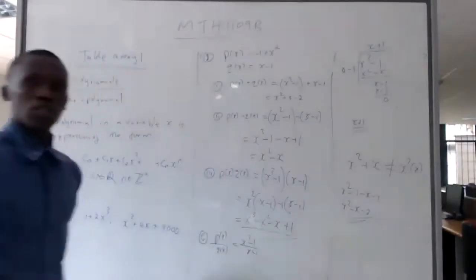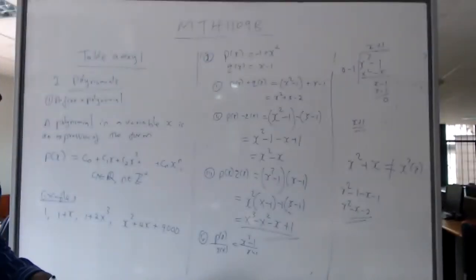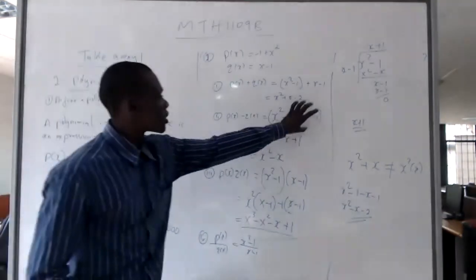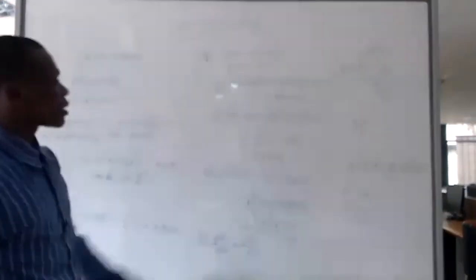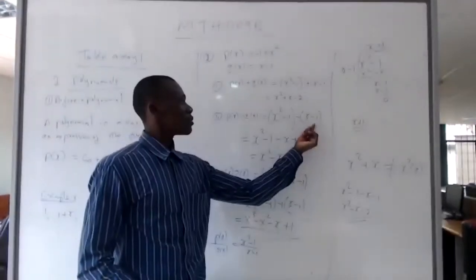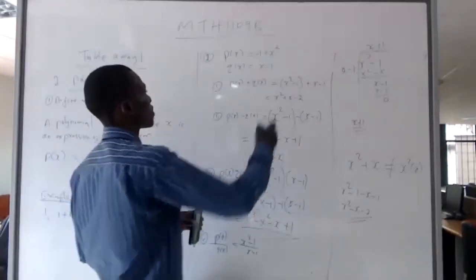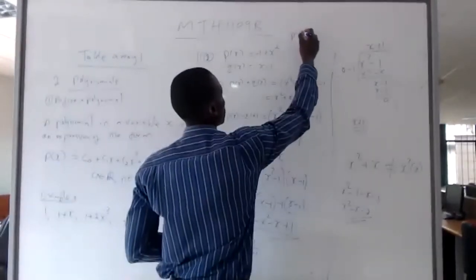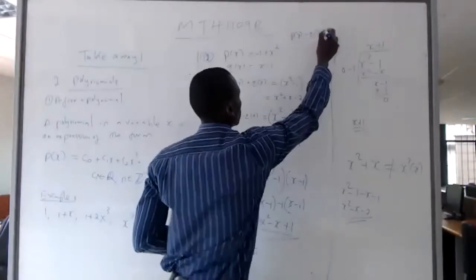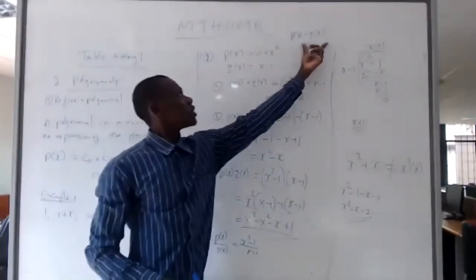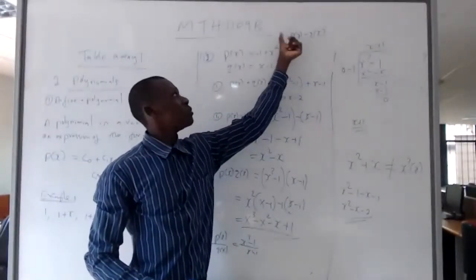All these operations must follow BODMAS, the order of operations. So this second bracket is very important, because you're subtracting everything in this bracket. When you have p of x minus q of x, you're subtracting all the terms in q from the terms in p.